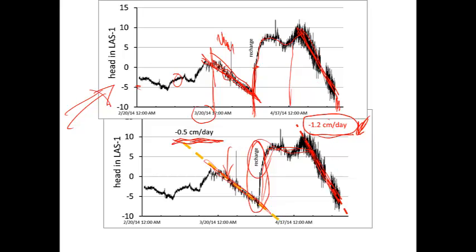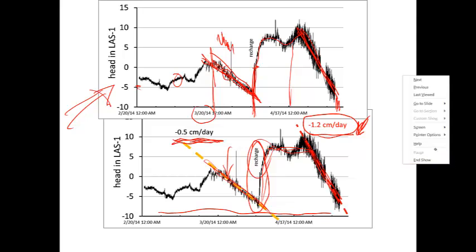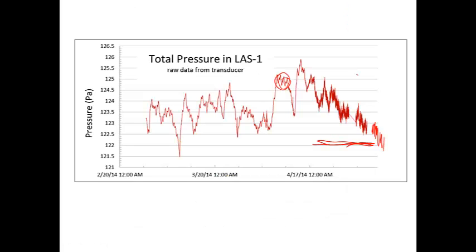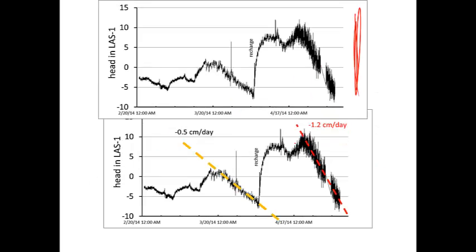I should point out too that this signal here, let me go and turn off the writing. And so this signal, let's look up here. This is what the water level is doing. If we just compare that to this signal, this is the pressure from the transducer. And you can see here the water level is dropping, but this part of the signal looks quite different than it does here.